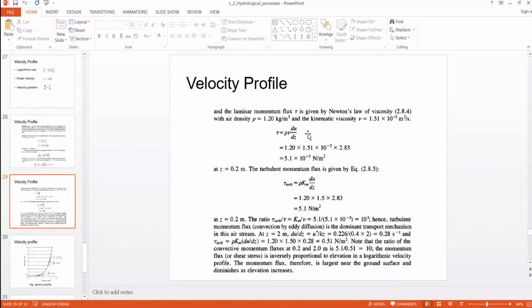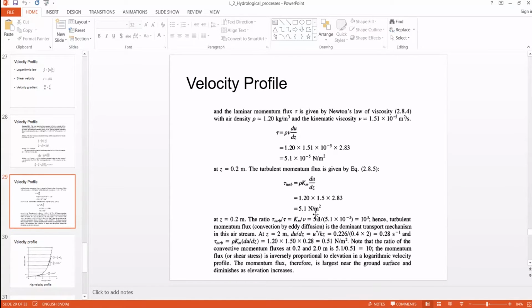So this here is the laminar momentum flux, and for turbulent momentum flux we have to use the formula ρ Km du/dz, where Km is given as 1.5 and du/dz we have computed as 2.83. Then you get tau turbulent as 5.1 Newton per meter square.